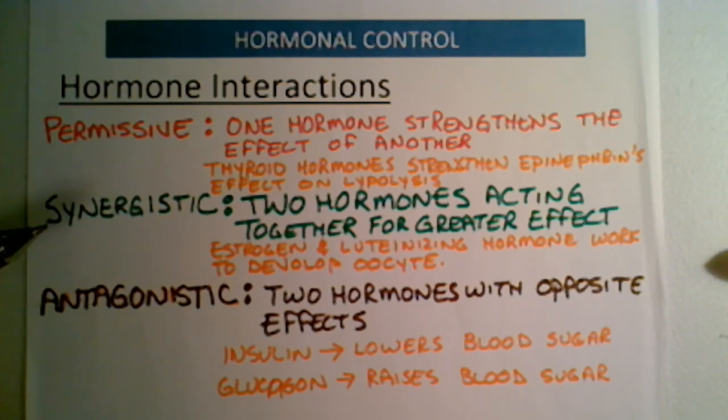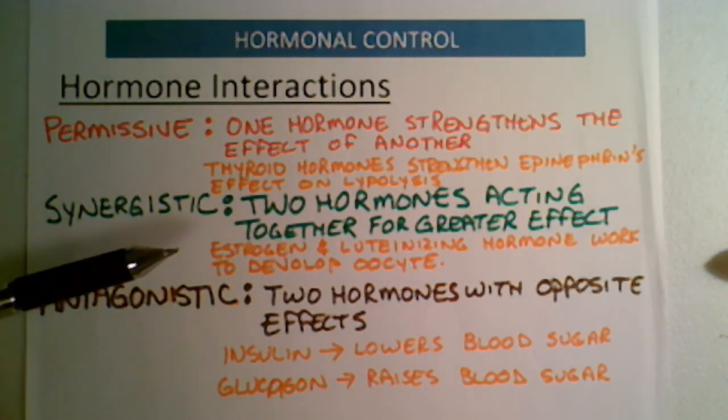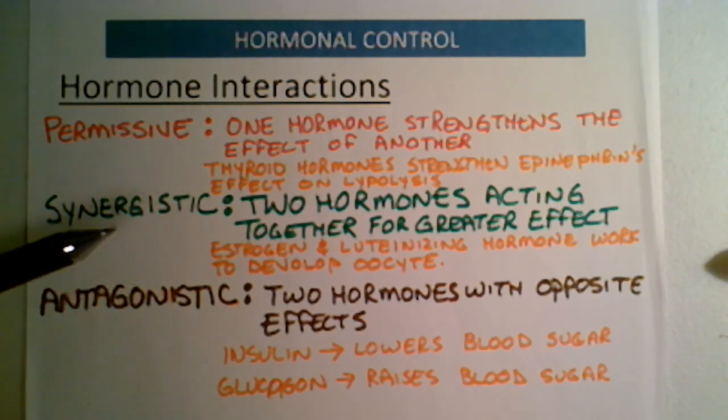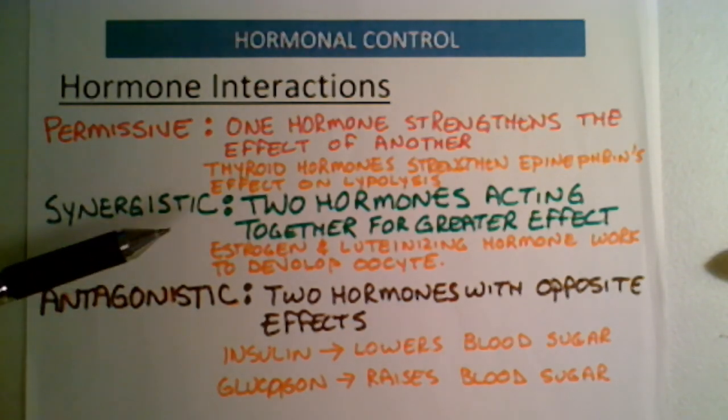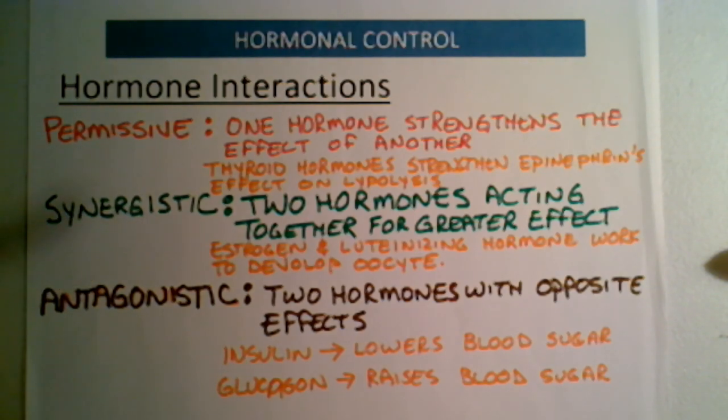Now, another example of this would be something like the two thyroid hormones, T3 and T4, they're synergistic. Epinephrine and norepinephrine, they're working together for a greater effect. So, adrenaline isn't just epinephrine, it's epinephrine and norepinephrine. And so it's kind of wrong just to say epinephrine's adrenaline, but they are synergistic.